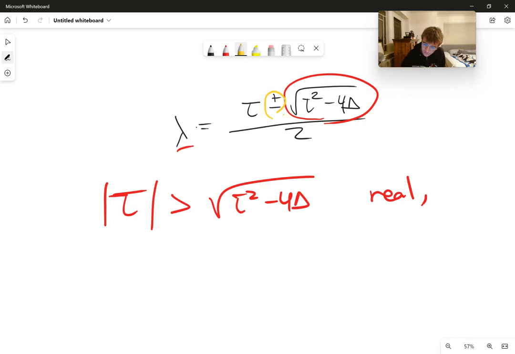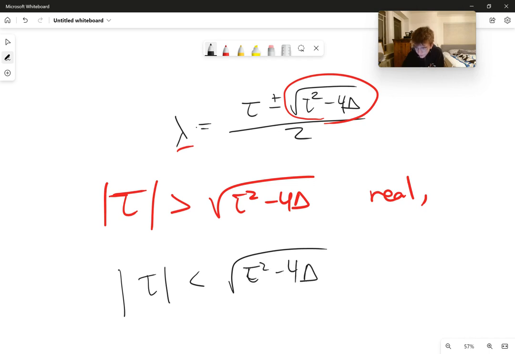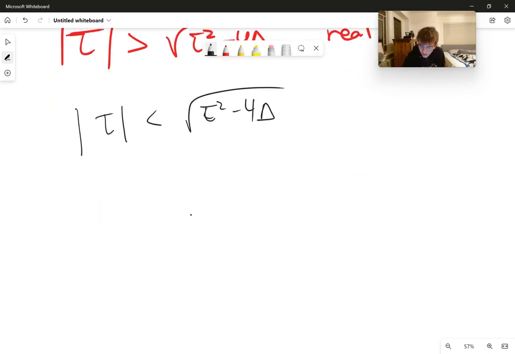Now if I tell you to assume that the magnitude of tau is less than the square root of tau squared minus 4 determinant, then all of a sudden my eigenvalues lambda 1 and lambda 2 have opposite sign.